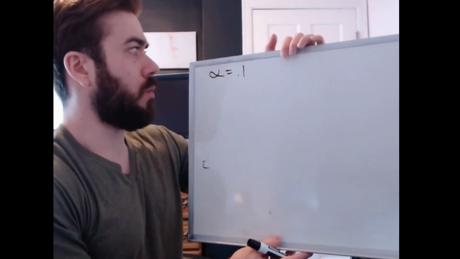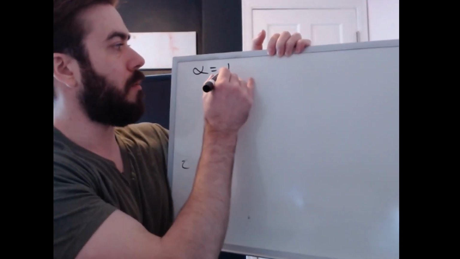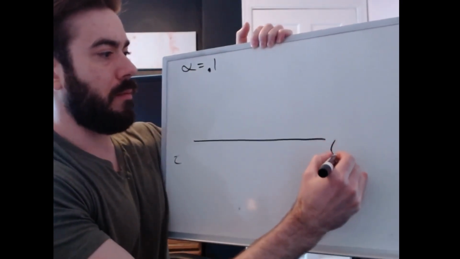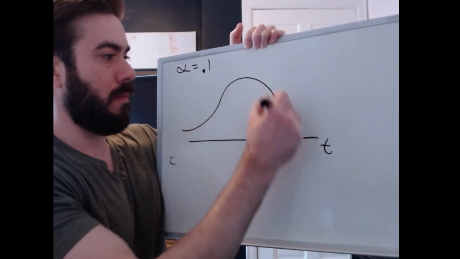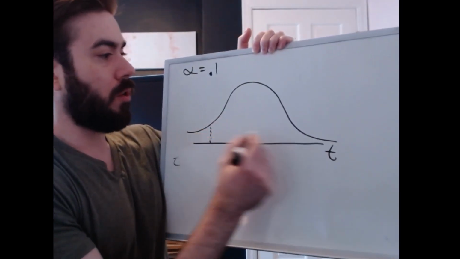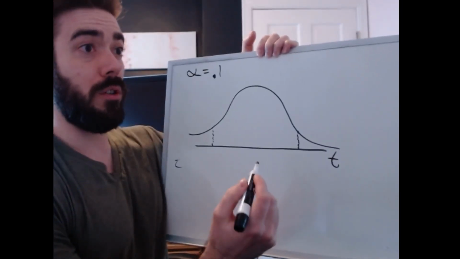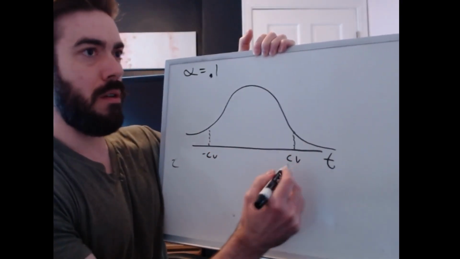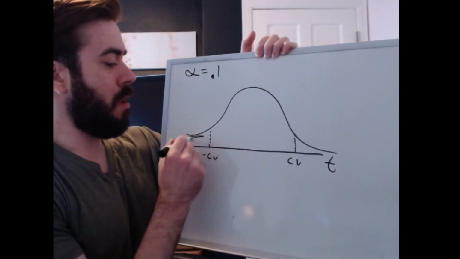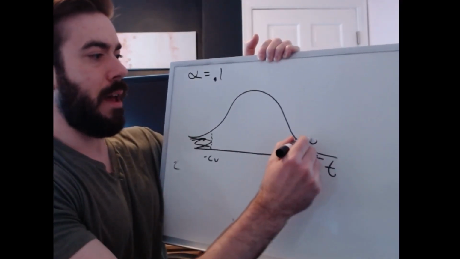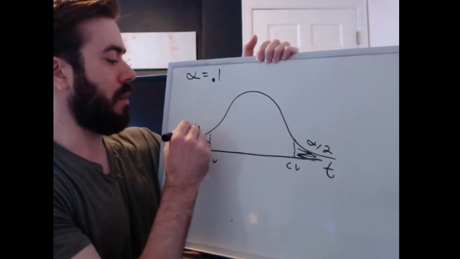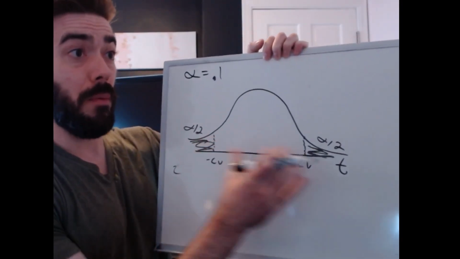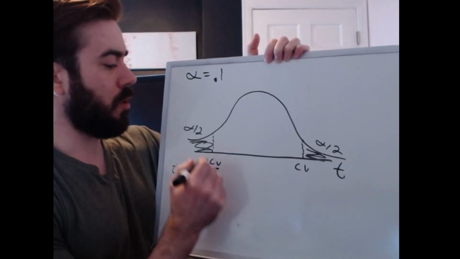If alpha is equal to 0.1, then I'm dealing with a student t distribution and I want to find the critical value, but for a two-tailed test I should know I'll have critical values, one positive, one negative, because half of alpha is on each side. It's very similar to what we did with confidence intervals. Alpha gets split up amongst two sides, so what value would give me half of alpha?